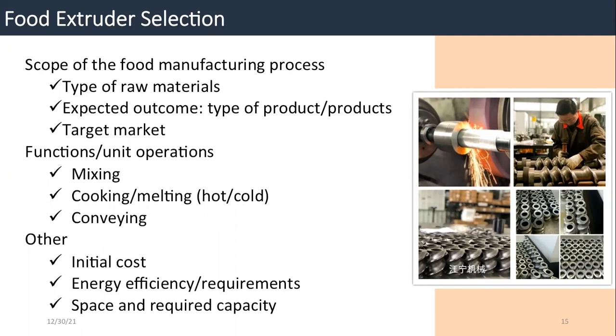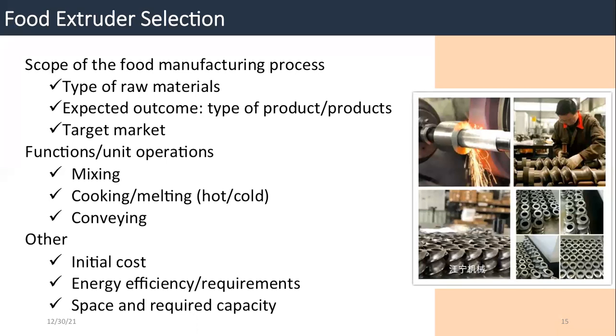Before selecting an extruder, we have discussed there are different types of products, how to control the length and texture and moisture content, everything we have discussed. There are so many things to be discussed. And now I think you all can develop and select your own extruder for any industry, for your company.